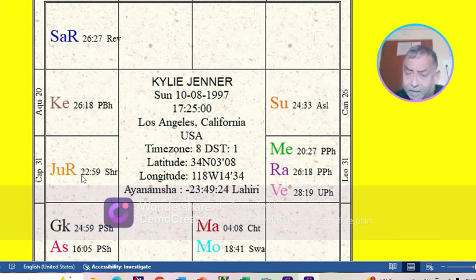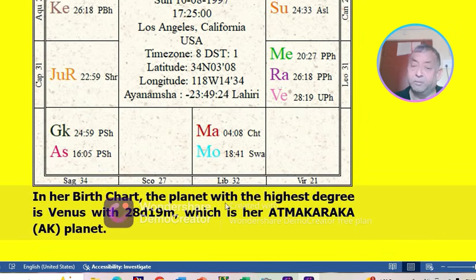So the planet with the highest degree in our birth chart appeared to be Venus with 28 degrees 19 minutes. So take this Venus to the Navamsha chart. Venus is our Atmakaraka.